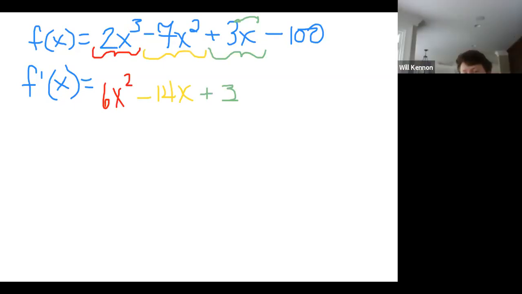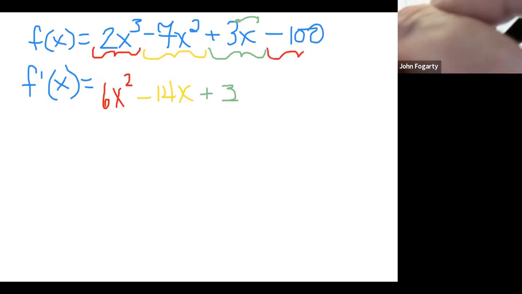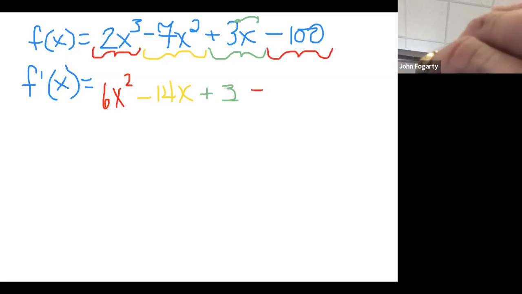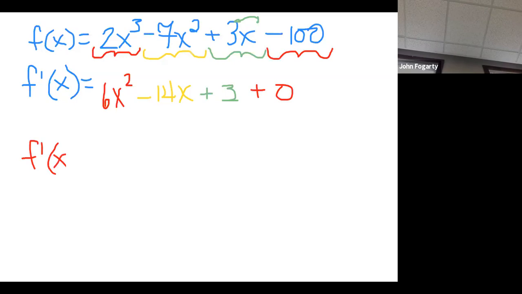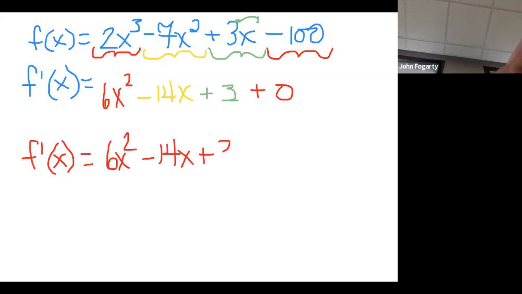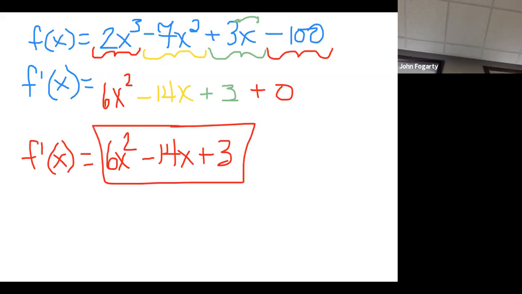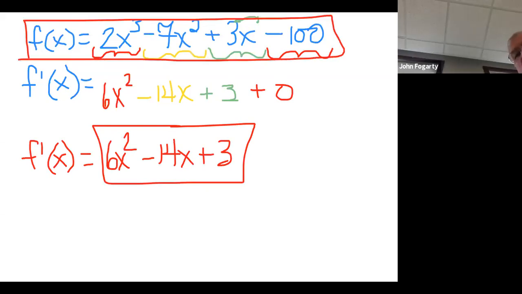And then finally, gents, what's that? 0. Yeah, we never write the 0. So here's what we know. f prime of x would simply be 6x squared minus 14x plus 3. Can you imagine using the limit definition on that? I'll try not to.